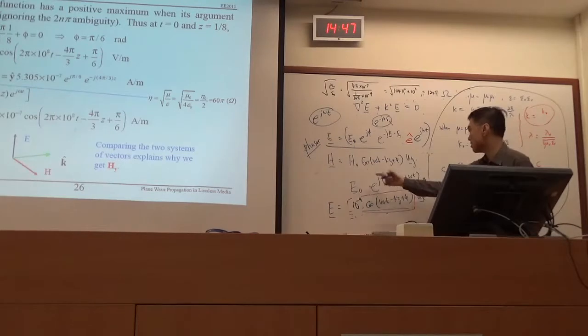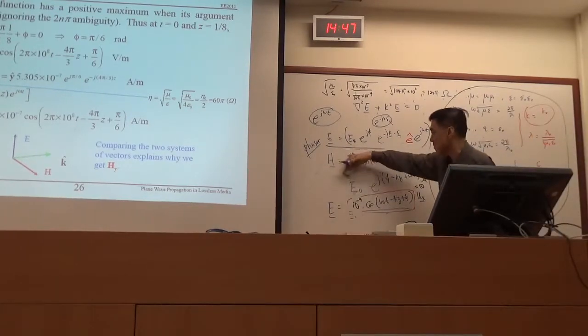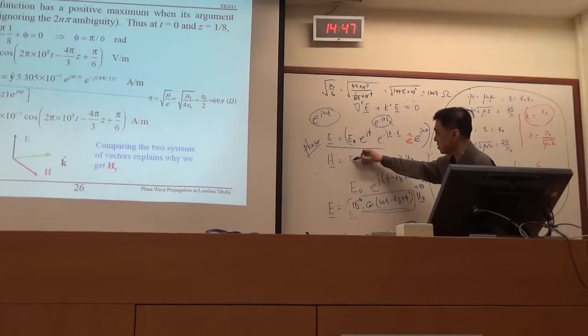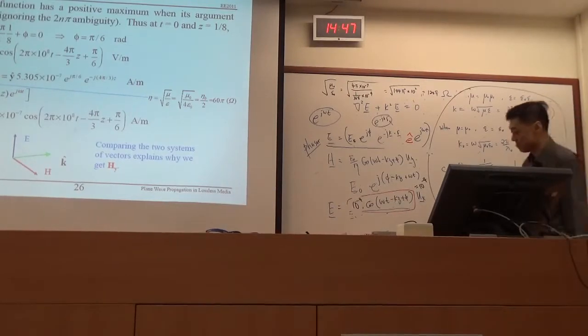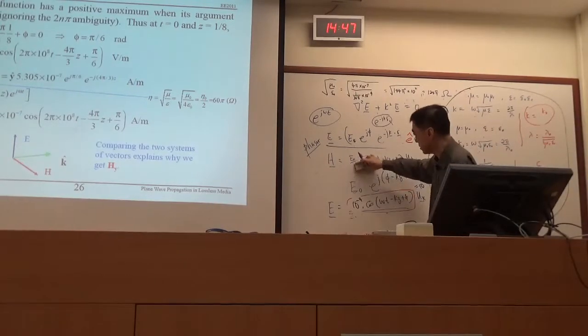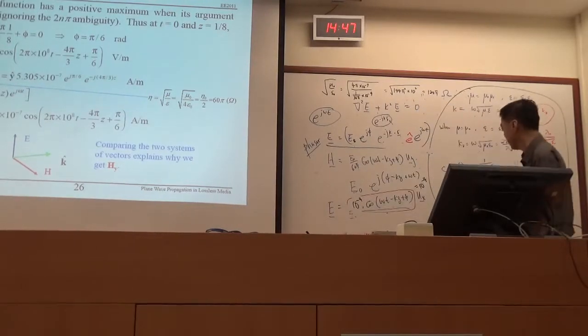Then what is this H naught? Remember, E naught over H naught equal to zeta. So my H naught equal to E naught over zeta. And what is my zeta? Zeta is equal to square root of mu over epsilon. In this case here, epsilon r equal to 4, so this is equal to 60 pi. Why 60 pi?